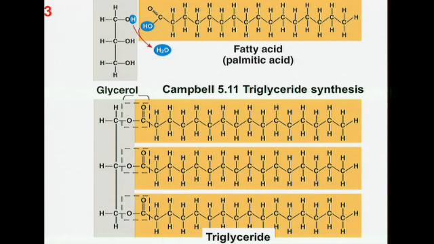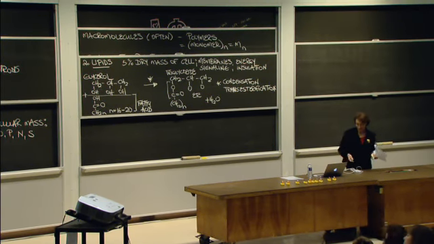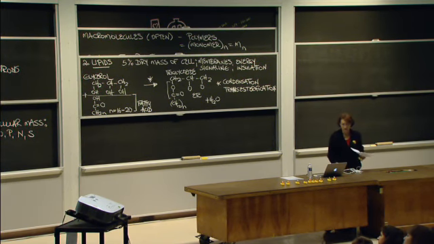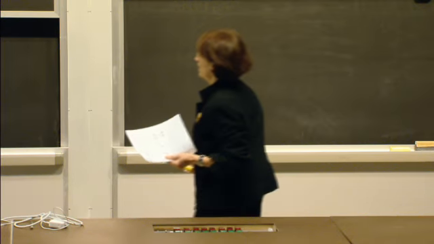And the glycerol then serves as a backbone to have these three chains of fatty acid, hence the name triglyceride. Lipids are not strictly speaking polymers, and so what I said about macromolecules being polymers really doesn't hold for lipids, but the other principles do.